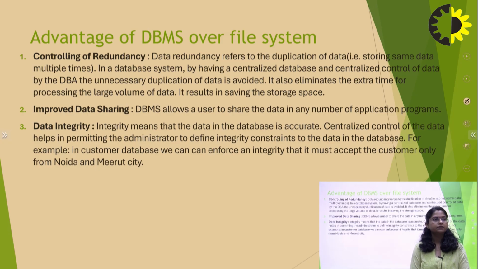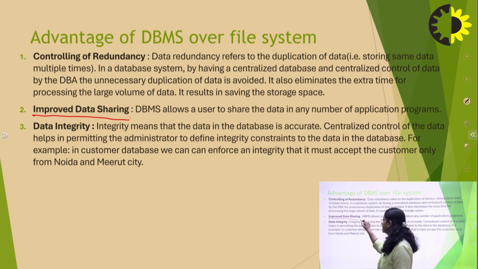In a database system, by having a central database and centralized control of data by the database administrator, unnecessary duplication of data is avoided. It also eliminates the extra time for processing a large volume of data. It results in saving storage space, and it also improves data sharing.